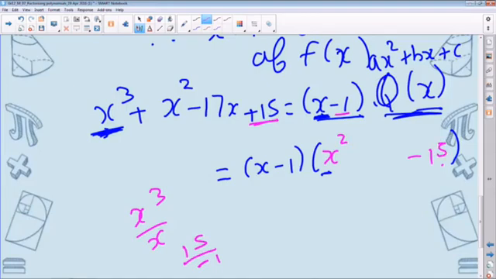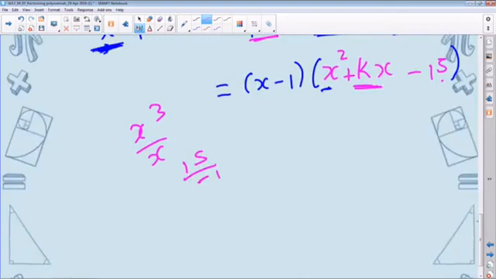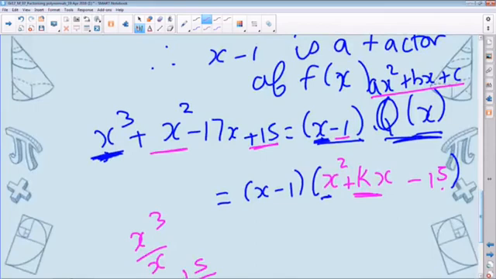I then have to work out what the middle term is going to be. I know that in a quadratic expression, the next term is going to be plus some coefficient of x, kx, where k could in fact be 0. I set up a little equation for myself to work out the value of k. I look at, if I had to expand these brackets, which terms will add up to give me the x squared term in my polynomial f of x?